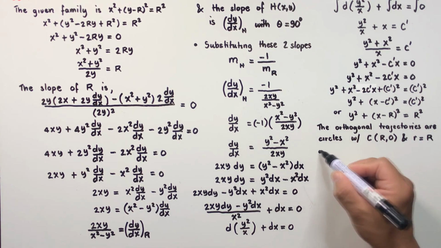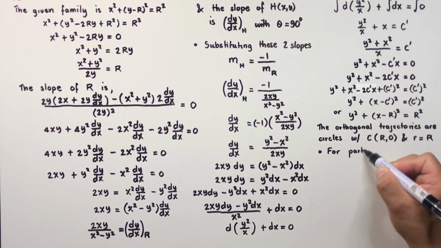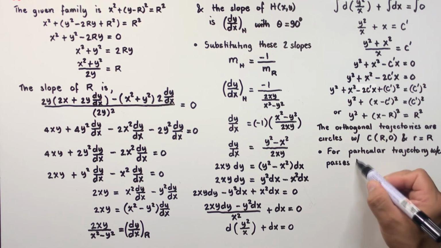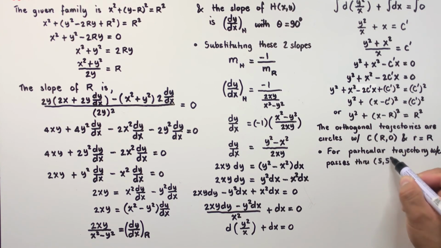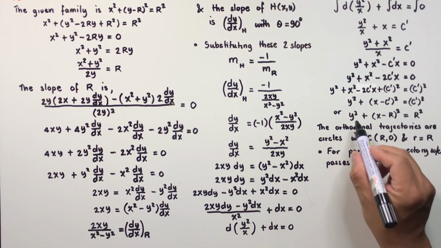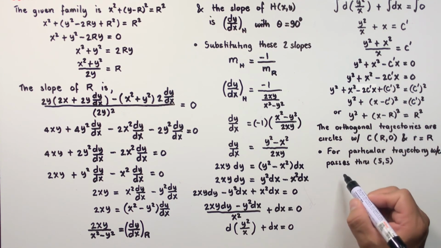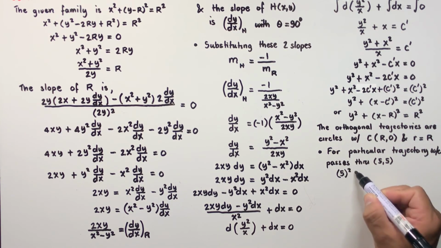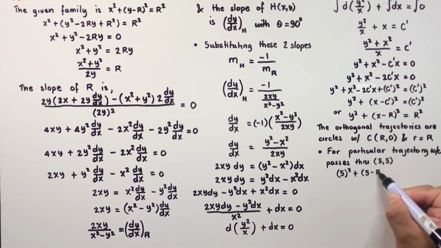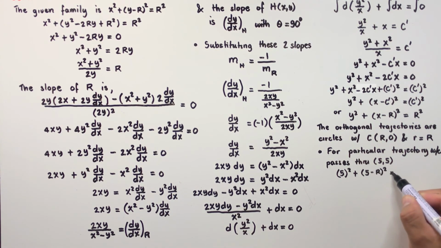And for the particular trajectory which passes through the point 5, 5, we can substitute this 5, 5 to our x and y here. So we have y, which is 5, so 5 squared, plus x, which is 5, so 5 minus r quantity squared, which is equal to r squared.